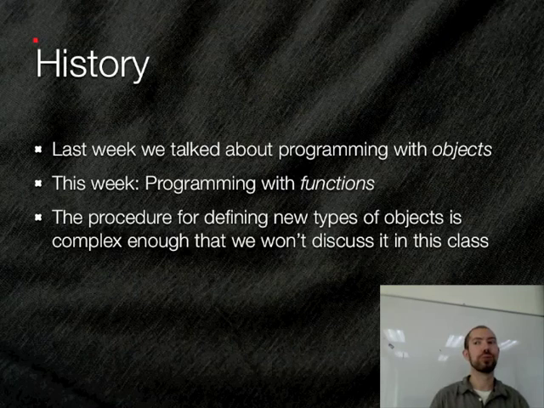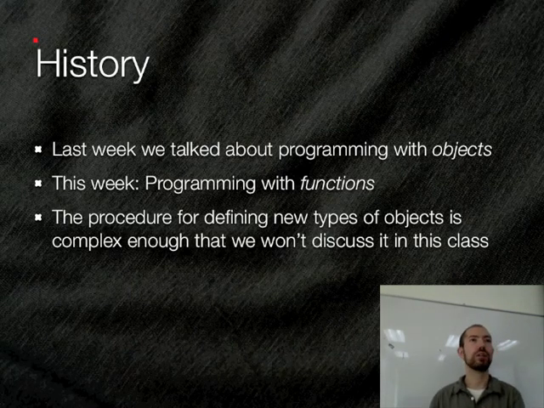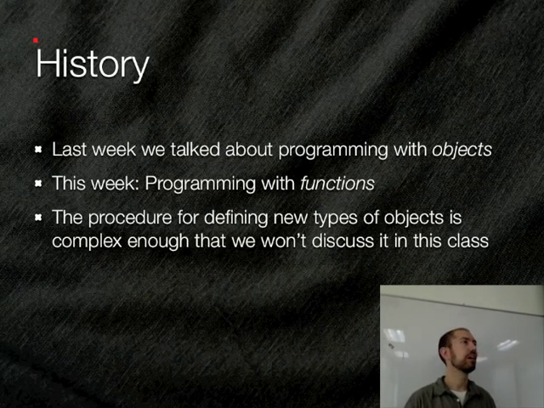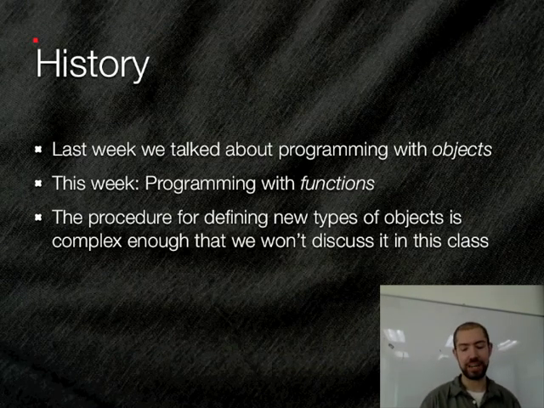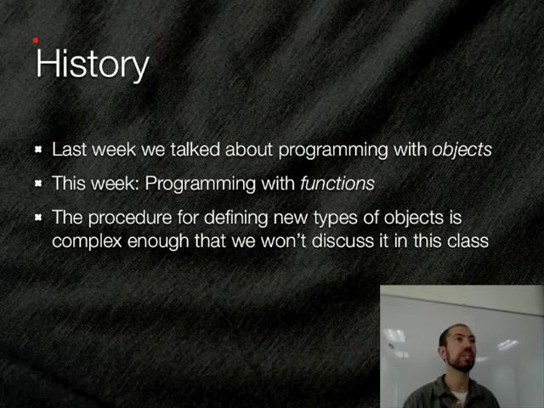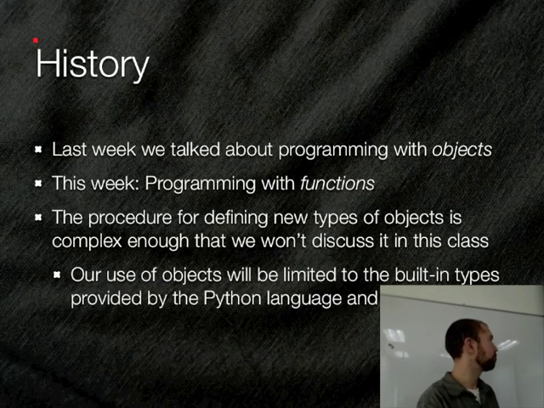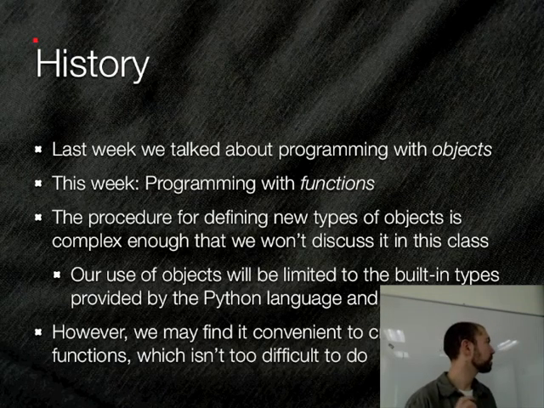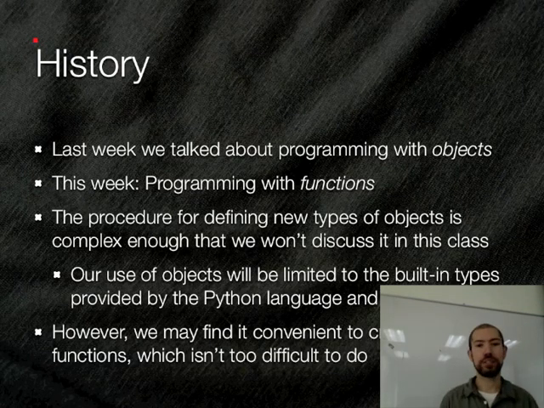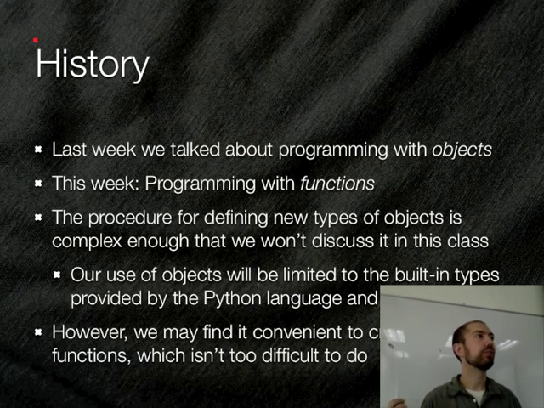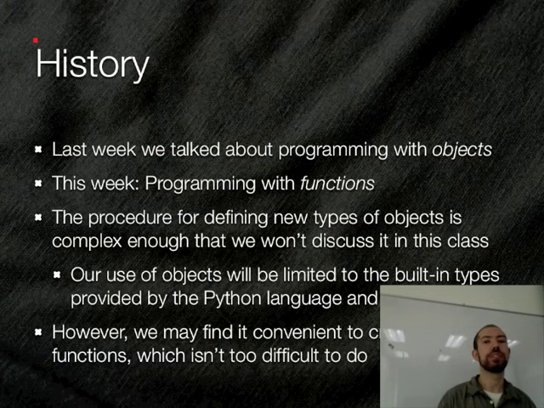Somebody had to create the class of objects that represents windows or circles that you draw on the screen or images that you draw on the screen. But you won't have to do that kind of stuff. You only have to use the predefined object types that come built into Python and PsychoPy. So we'll be using these pre-built types that we've already talked about, but we will find it useful for you guys to create your own functions, which is comparatively easier to do.